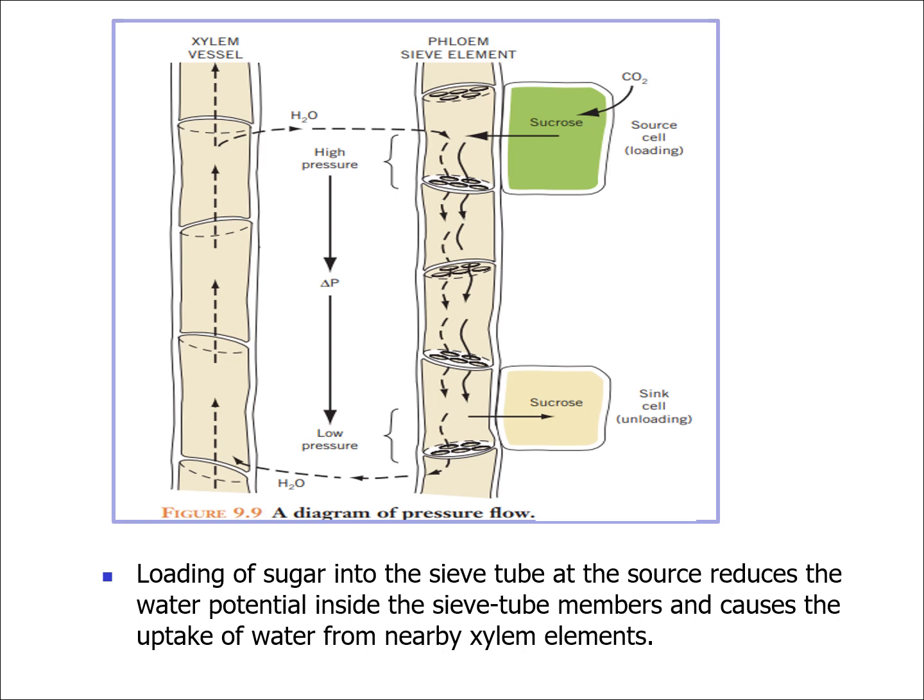The loading of sugar into the sieve tube element adjacent to a source cell reduces the water potential inside the sieve tube member and causes osmotic uptake of water from nearby xylem elements.